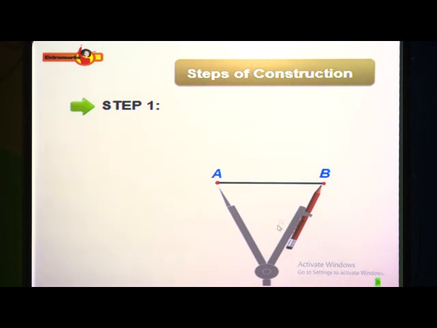In step 1 we have just put the pointer on point A and moved the compass towards point B. So the required length we got is the length of AB. Here we are going to construct only the copy of line segment AB. So we have placed the compass and found the line segment AB of the given length.